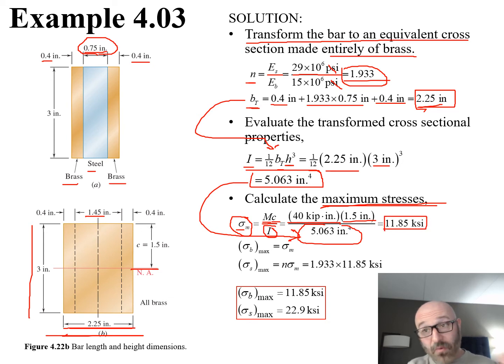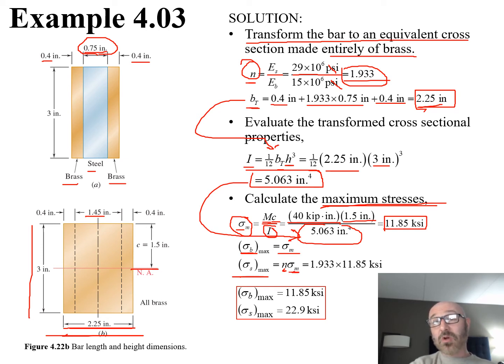Now what we said before as we were going through this in our module: for the material we're dealing with, brass, our maximum stress is going to be equal to that sigma max right there. But for our steel, the max stress is going to be equal to that value of n that we solved for up top, the ratio of our elastic moduli, times our sigma m.